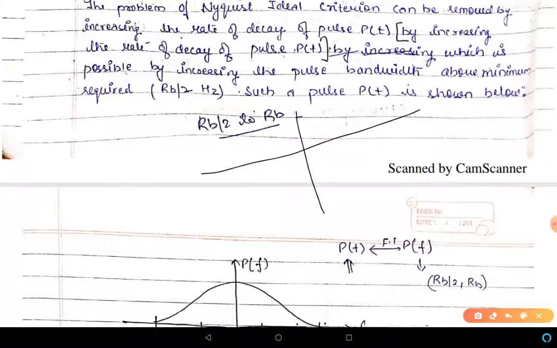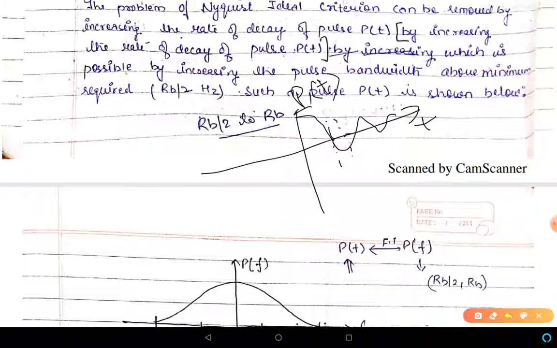Suppose this is the pulse p(t) that we got through Nyquist first criteria or ideal solution. Because of timing jitter, if I am sampling here, then this ISI is again coming back into picture.